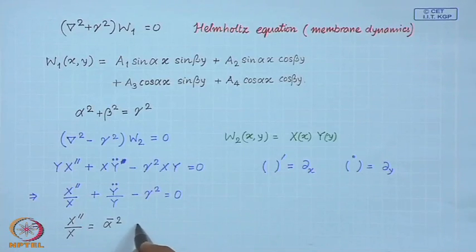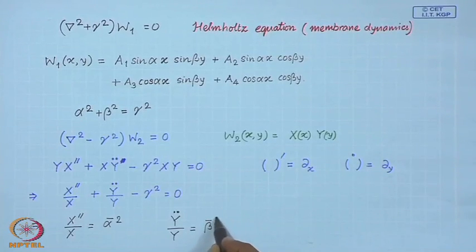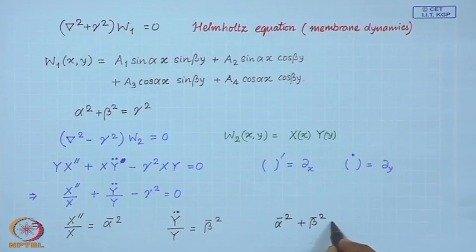So, and y, this constant by beta bar square. So, in that case what I have is alpha bar square plus beta bar square must be gamma square.